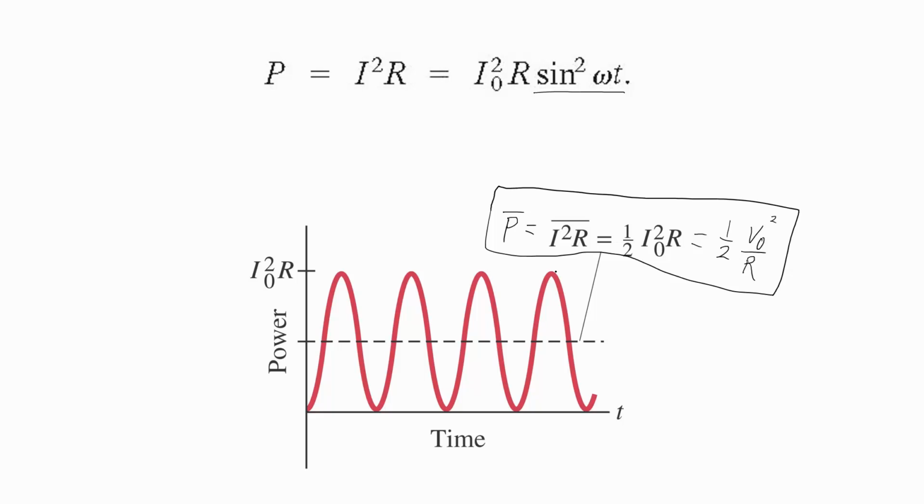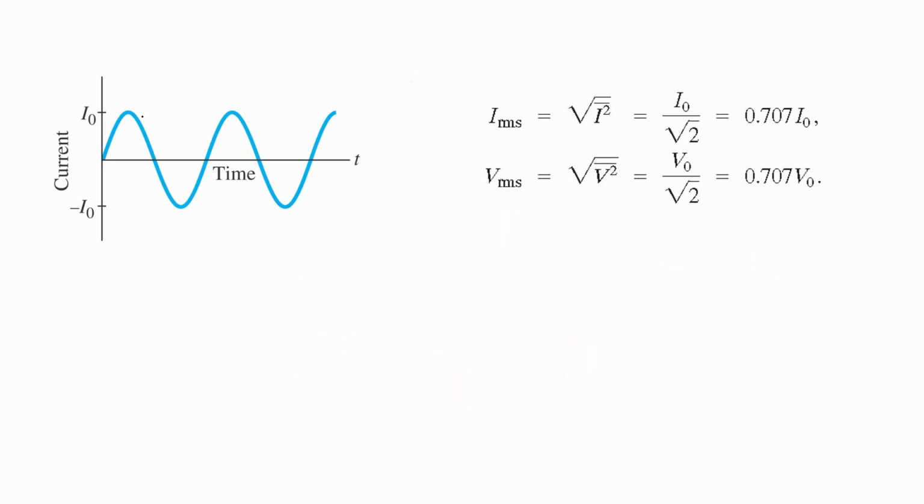Now if we want to know the average current or the average voltage, well, the current varies like this. It's not sine squared, it's just a sine wave, right? The average value of this, I bar, is equal to a big fat 0. So that's not very useful.